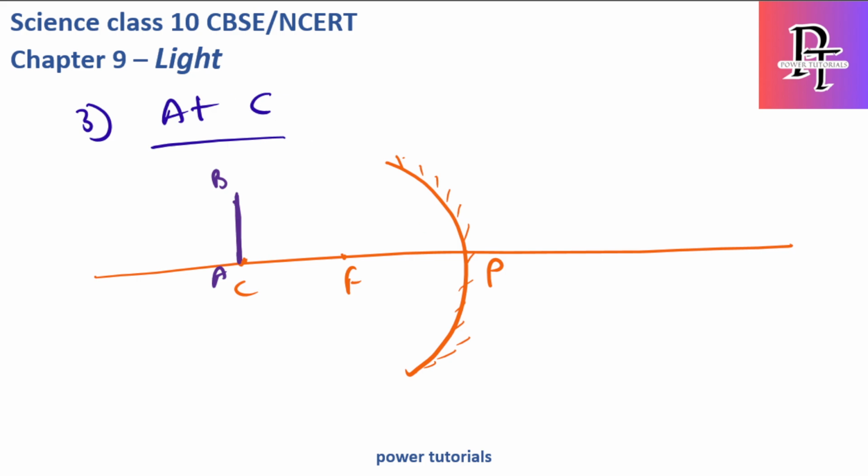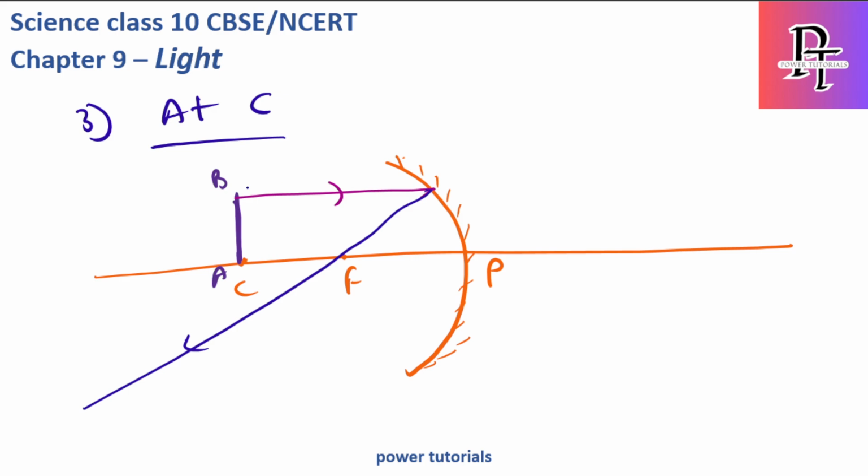So for this, as I told you every time, I will always consider the first line as the parallel line, which is parallel to the mirror's principal axis. I will get the reflection through focus. Where C is covered, you will not check C now, but we will use focus.